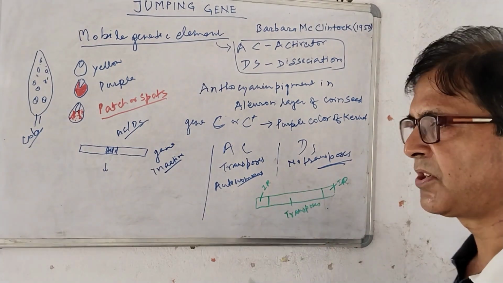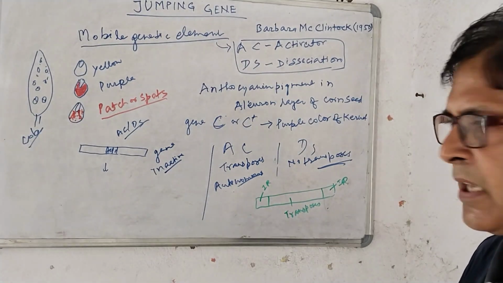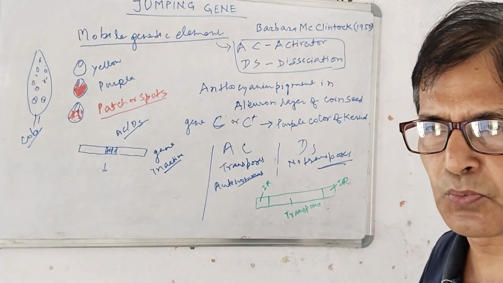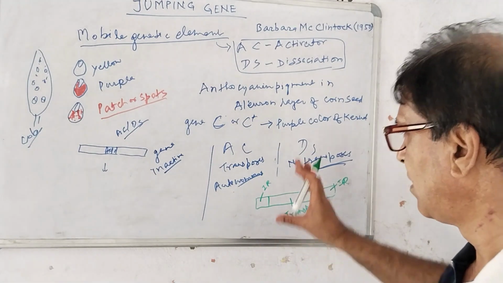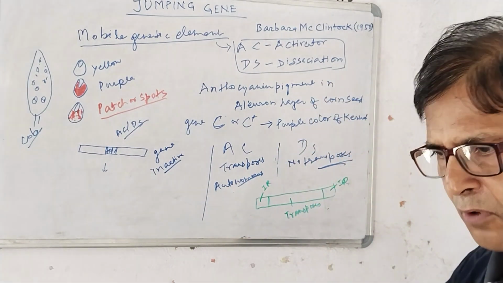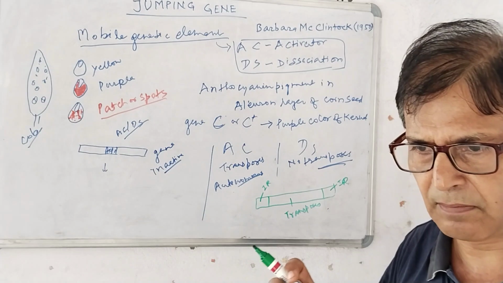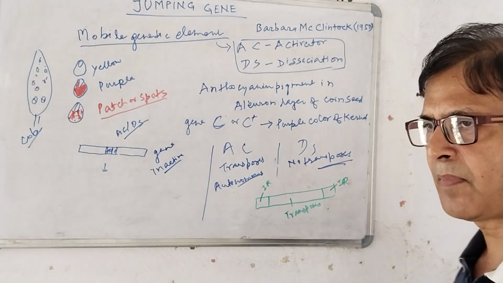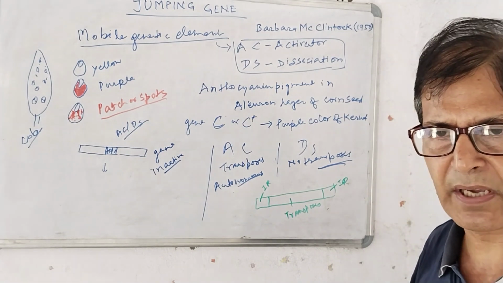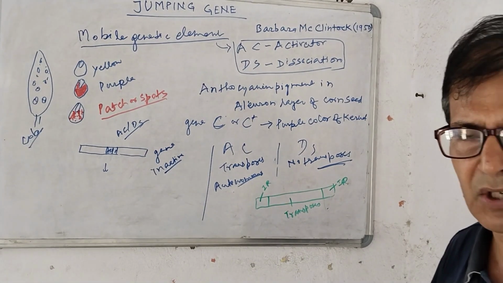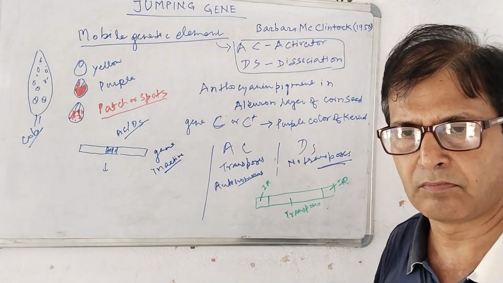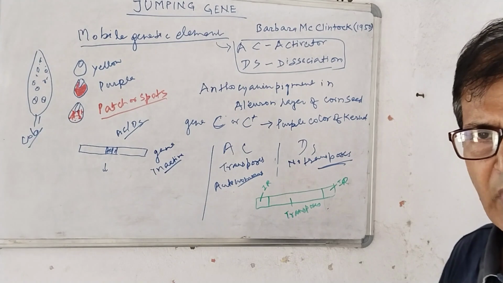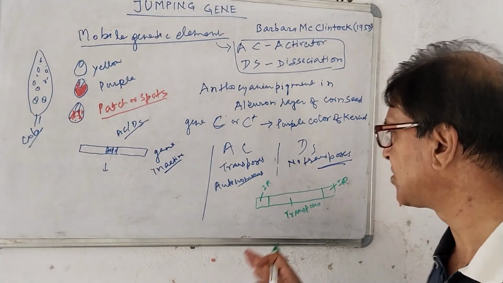These inverted repeats help in the removal from the donor side as well as integration to the recipient side of this particular transposon. The detailed mechanism of how it makes cuts on the donor side and on the recipient side at the time of integration, we have already discussed in our last lecture.